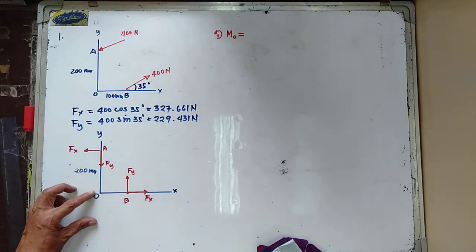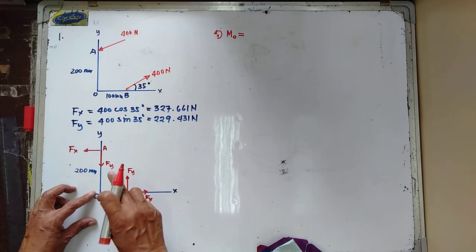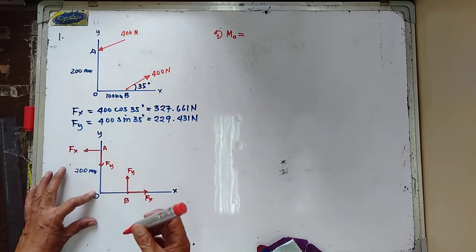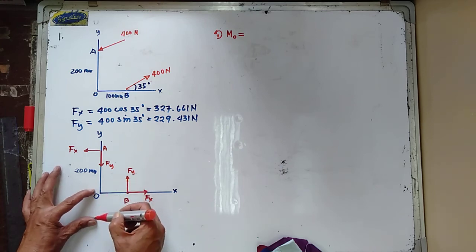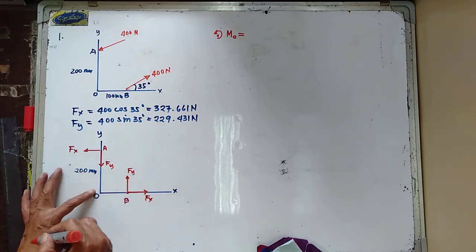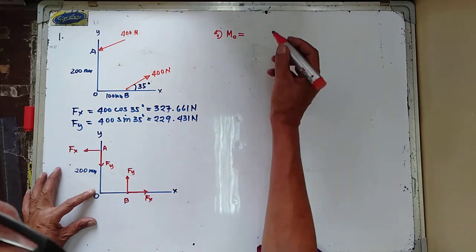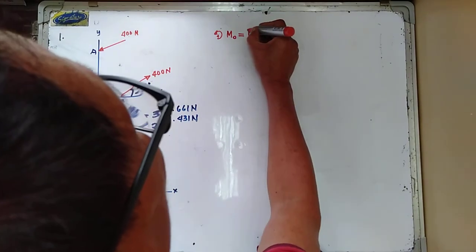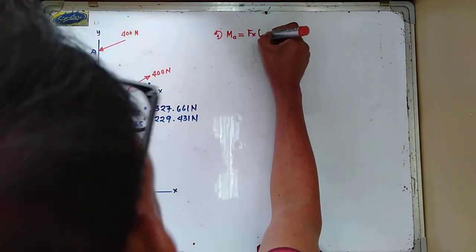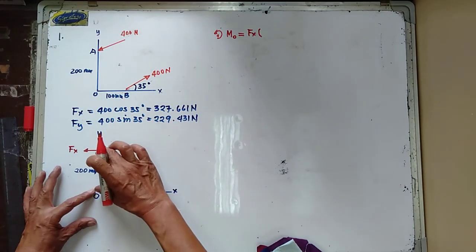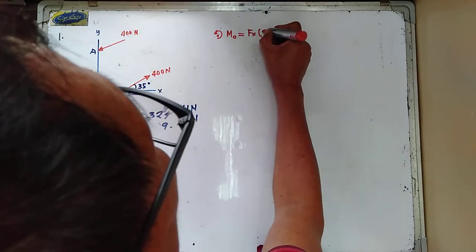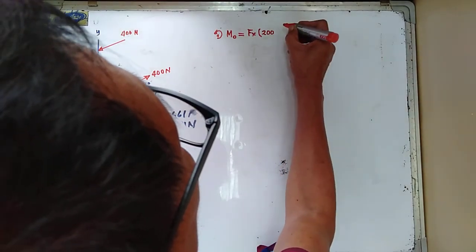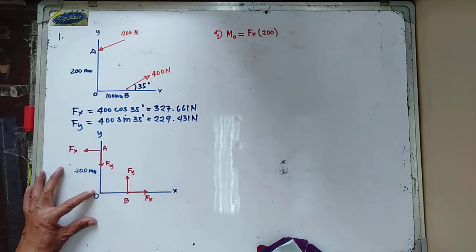Let's start with the force at point A. Fy has no moment because it passes through point O. Your Fx is going counterclockwise, so positive Fx. Now the moment arm is 200 millimeter.